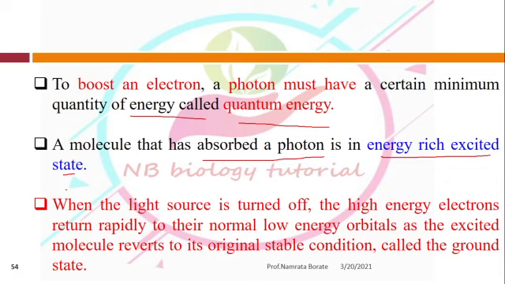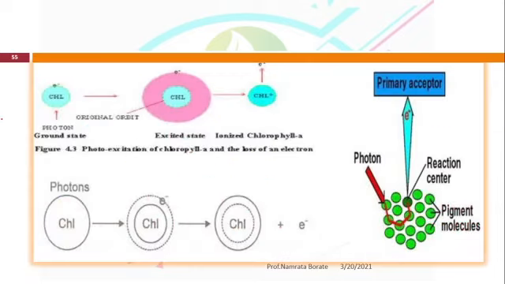When the light source is turned off, what happens? The high energy electrons return rapidly to their normal low energy orbitals. As the excited molecule reverts to its original stable condition, that original stable condition is called the ground state. So you can see here this chlorophyll A molecule is in a ground state, but when it absorbs the light energy in the form of a photon, it becomes excited.